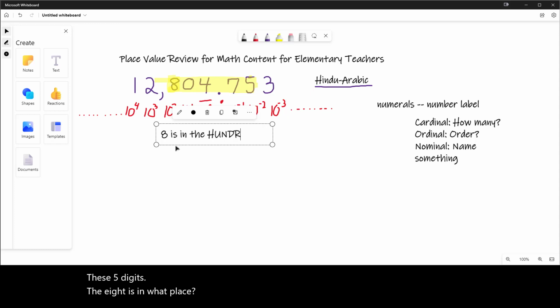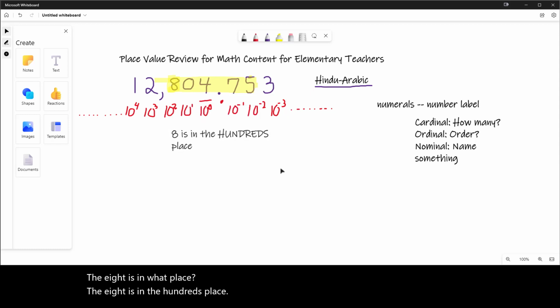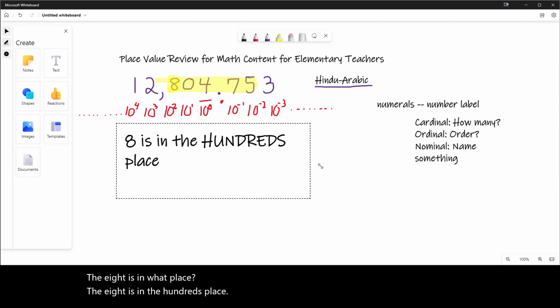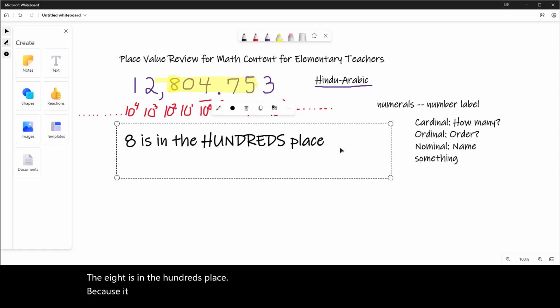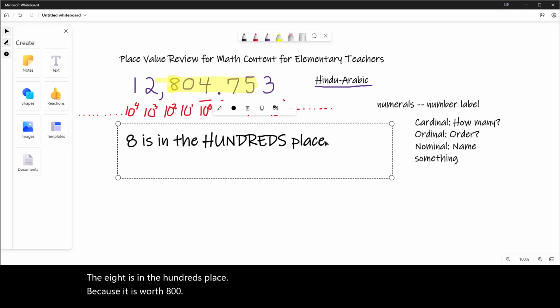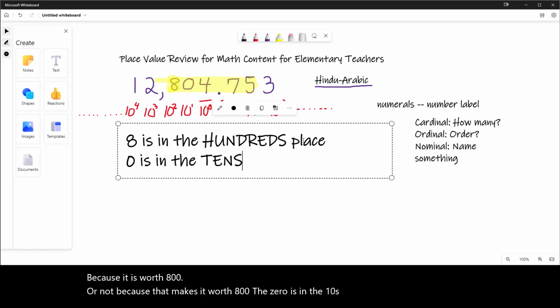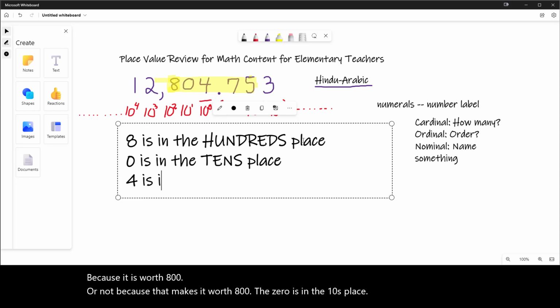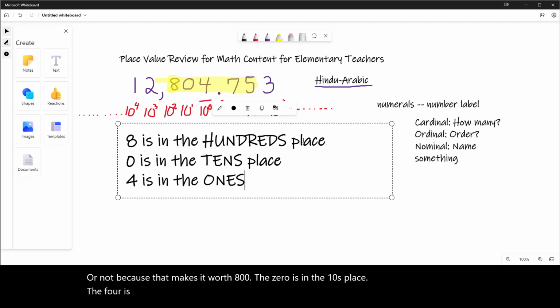The 8 is in the hundreds place, because that makes it worth 800. The 0 is in the tens place. The 4 is in, and some books call it the ones place. Some books call it the units place.